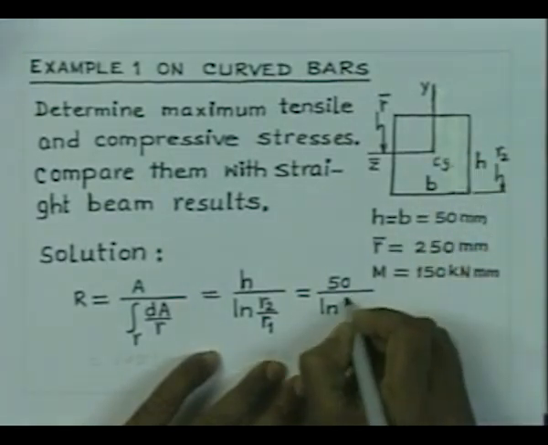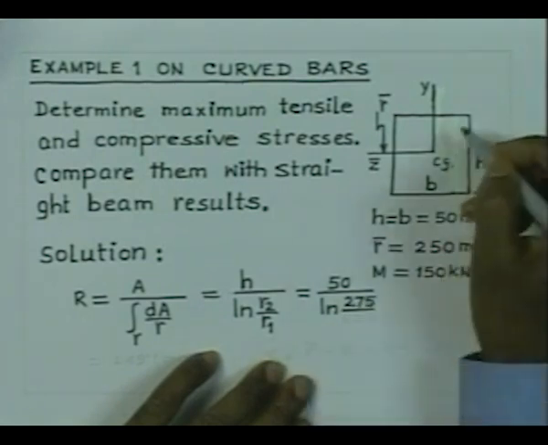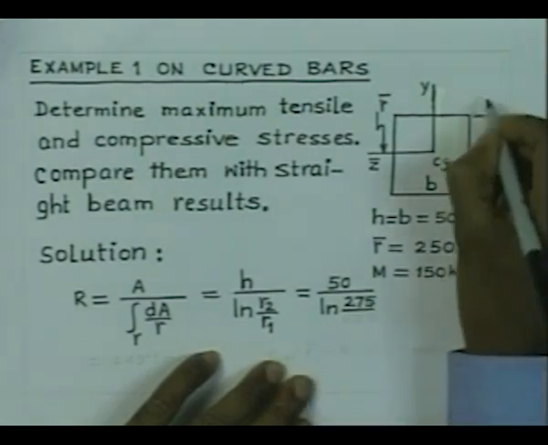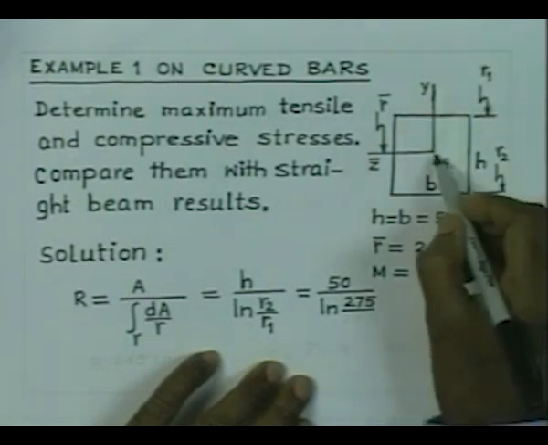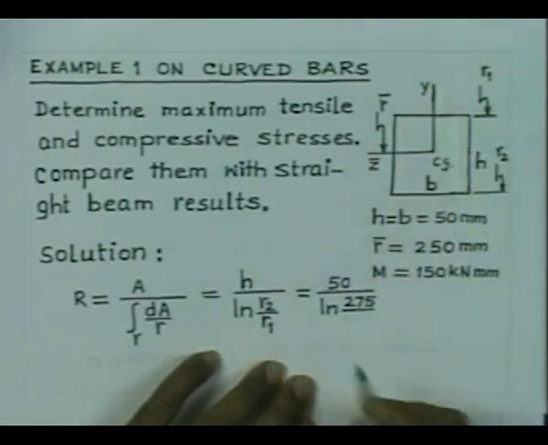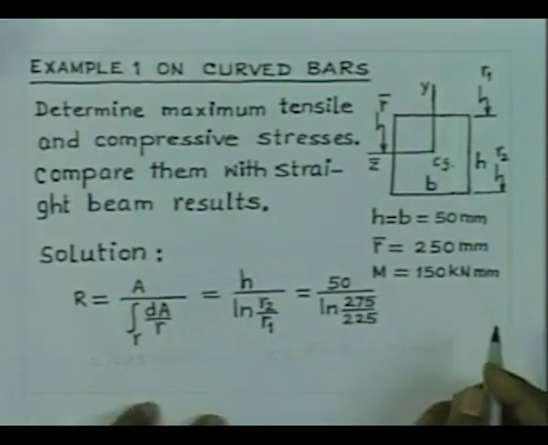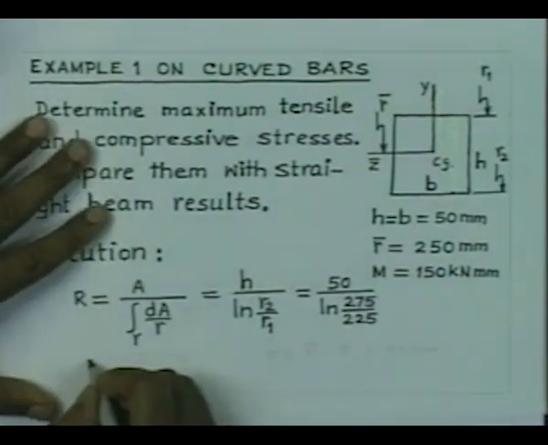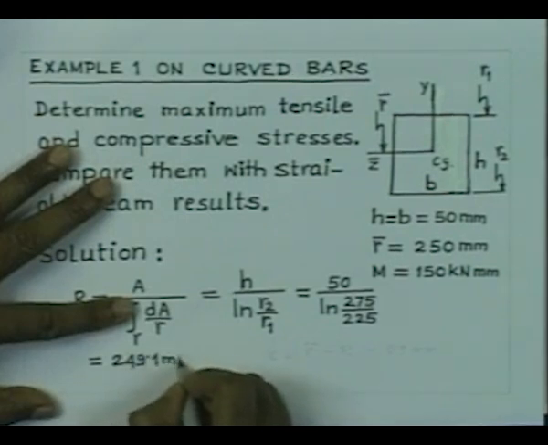So, therefore, it will become 275, and the radius of curvature of the top fiber, which is R1, is nothing but 250 minus half the height. So, it is again 250 minus 25, therefore, it will be 225. So, this gives us radius of curvature as 249.1 millimeter.